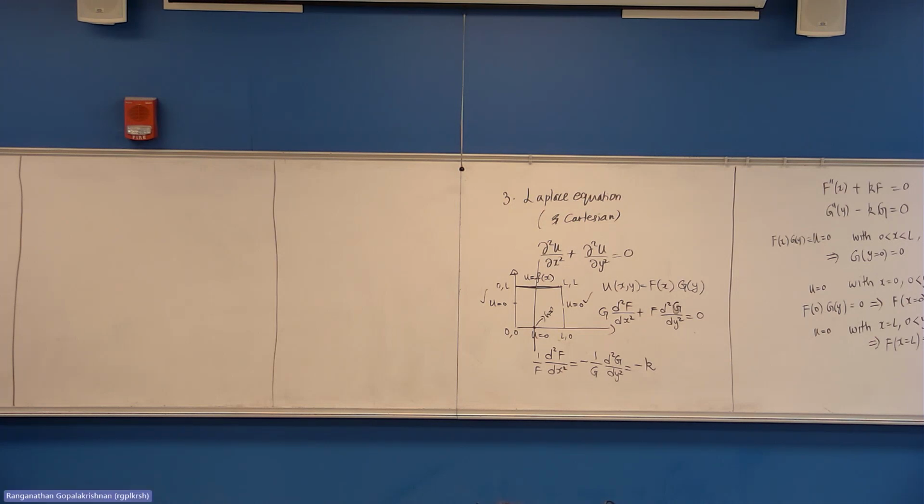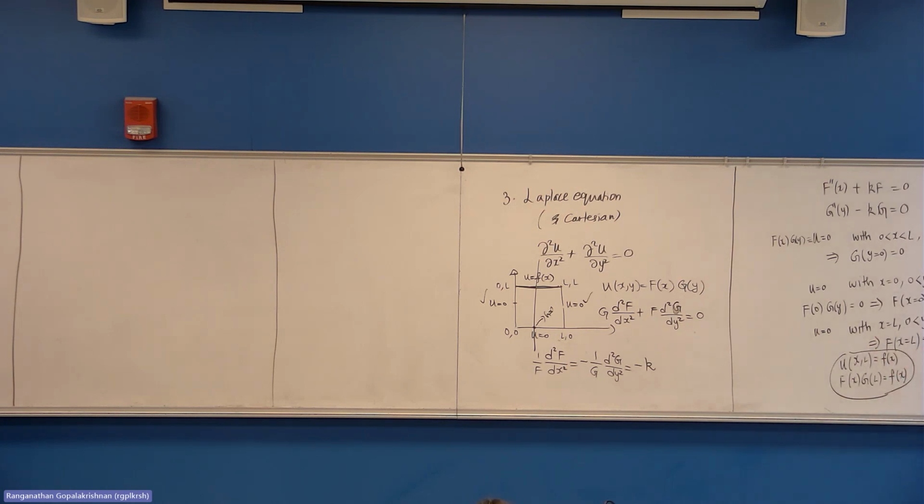So I have used up 3 of the simple boundary conditions with the top remaining, which is u of x comma L equal to f of x. That is like writing f of x times g of L equal to f of x. We won't try to split this. We'll use it as the final step to figure out one of the Fourier coefficients.